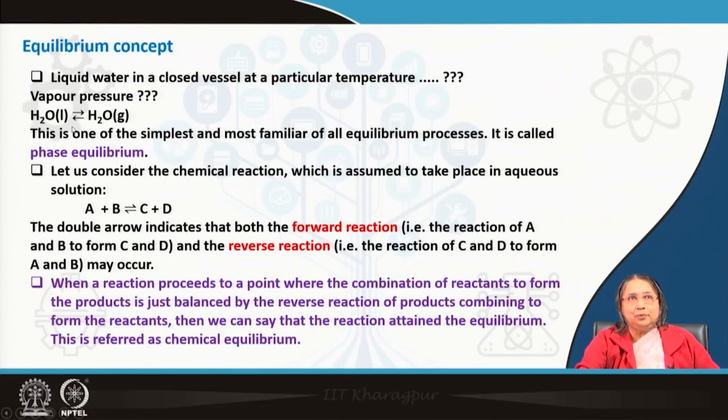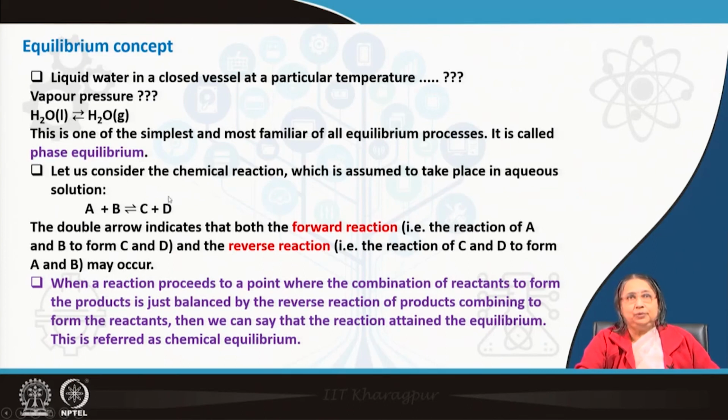At that equilibrium point, the amount of liquid water that is converted to gaseous form is the same as the amount of gaseous water that comes back to the liquid form. This is not chemical equilibrium, but it is called phase equilibrium.